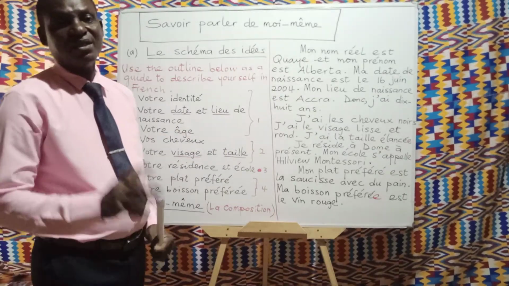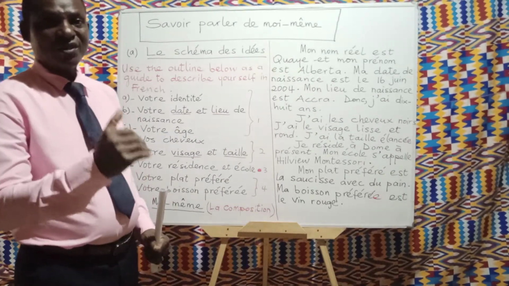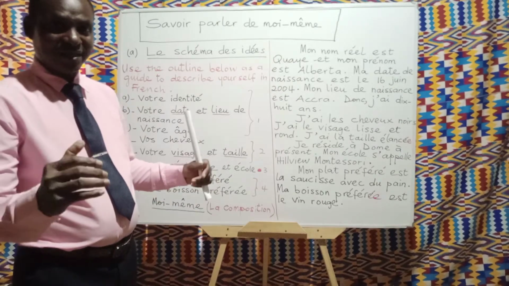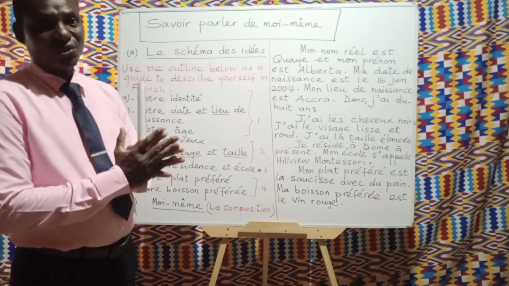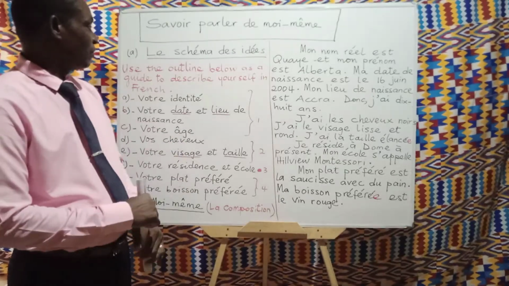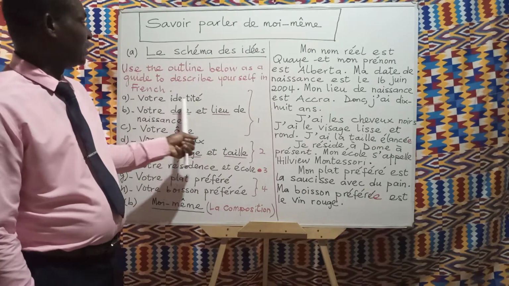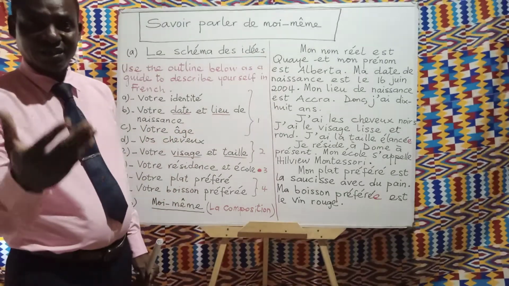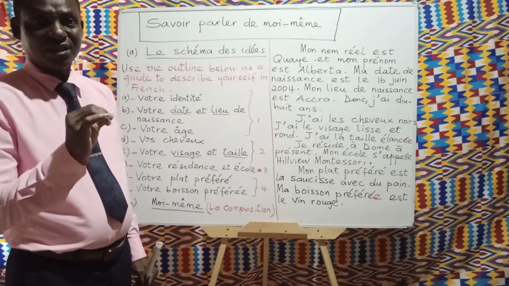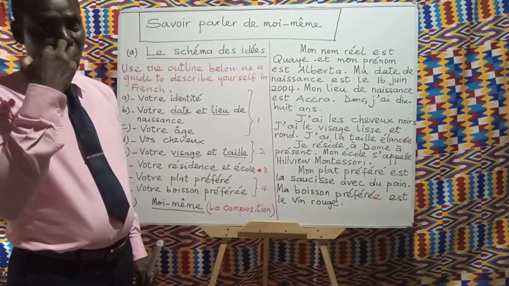Here, in the outline, we have a series of points that are ideas gathered to come out with an outline or a plan to follow. Now, we have the A, votre identité. Votre identité has to do with your full name. So in this case, you have two things to talk about.